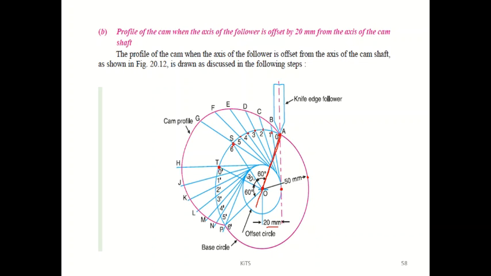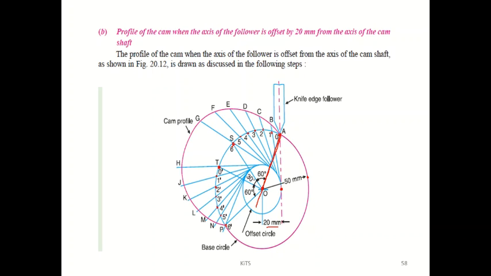You will mark this point. From here, 10 degree, 20 degree, 30 degree, 40 degree, 50 degree, 60 degree. I hope you have marked all these points 0 to 6 dash.